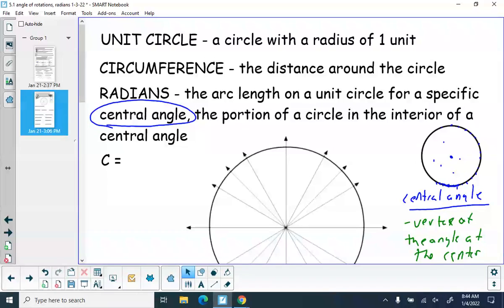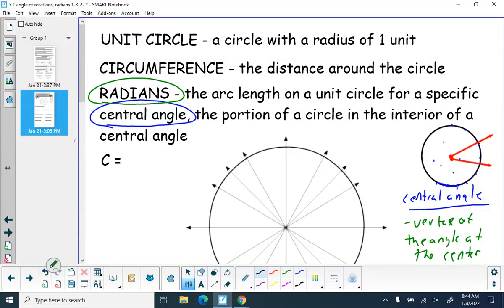So when we look at a central angle, here would be your central angle. Why? Because the vertex of the angle is at the center of the circle. The radians is the arc length in the interior of the central angle.